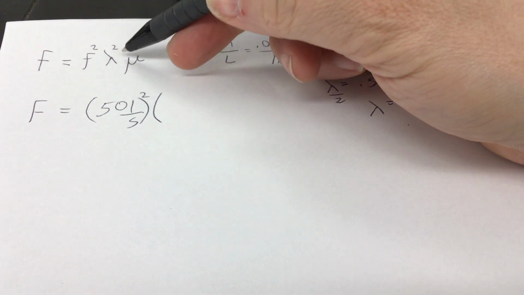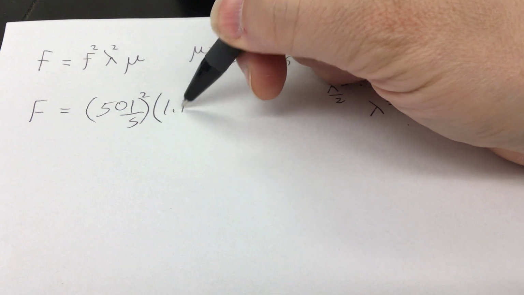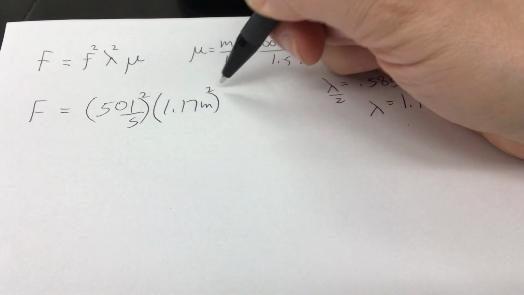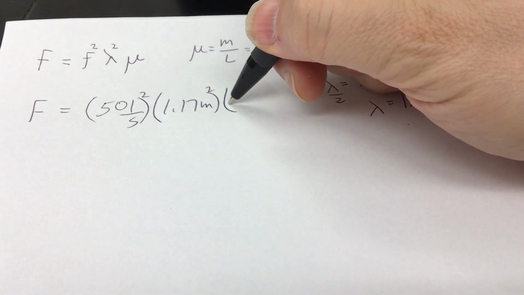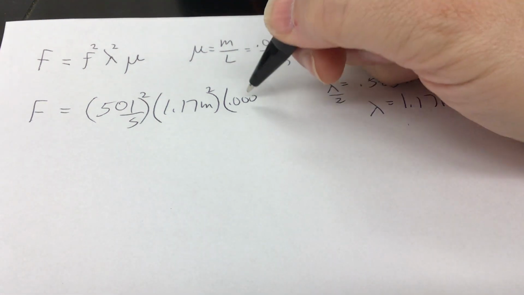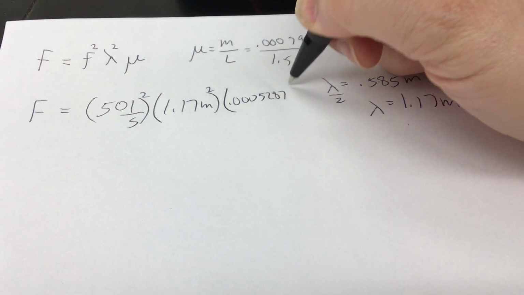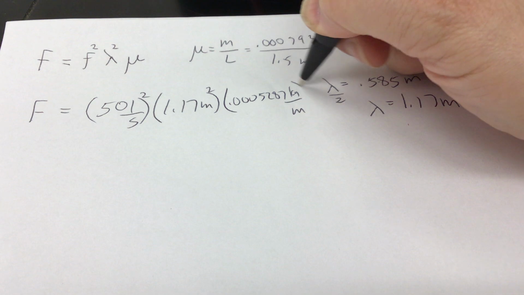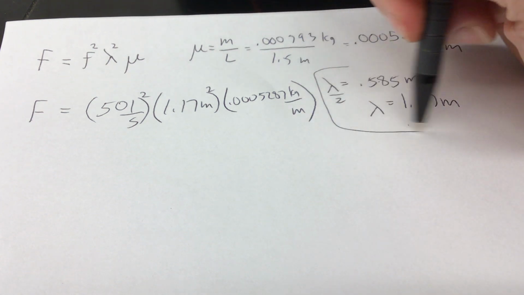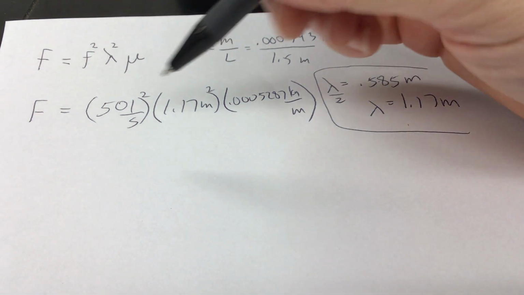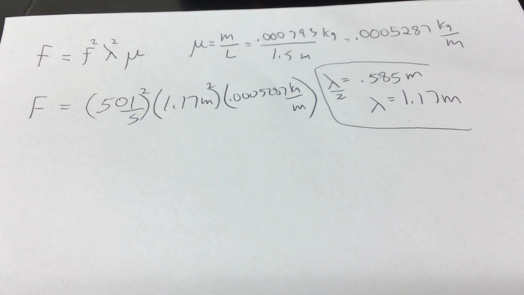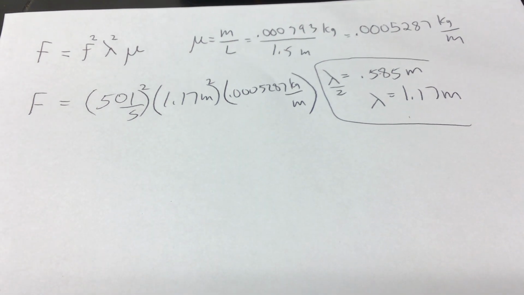So that means for the wavelength, we're going to put 1.17 meters and square it, and then we've got the mu, which is 0.0005287 kilograms per meter. Oops, shouldn't have put that there because it looks like it's attached. So multiply these 3 things together, and what do you get?